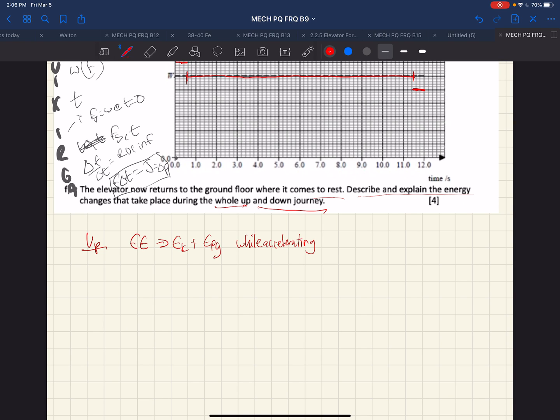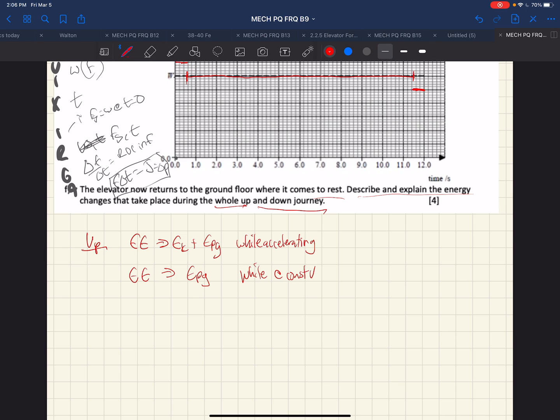It is getting higher, but it's also increasing its speed. And then we have electrical energy going into gravitational potential energy while at constant velocity.